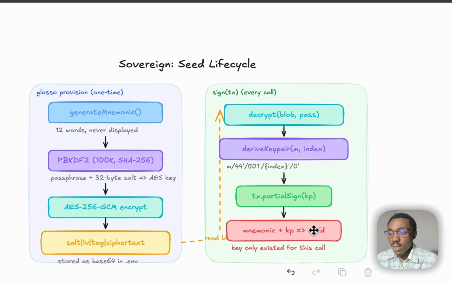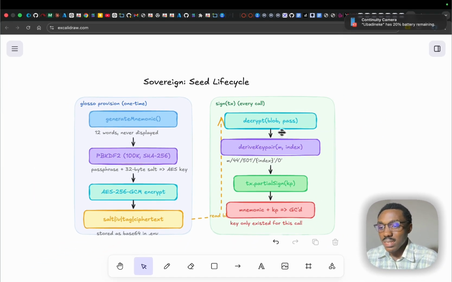So they never exist outside this function call. It's never stored on the disk, just in memory, in this particular function call. So our keys are safe and they are never seen by the host system, just the blob, and the blob is also encrypted.